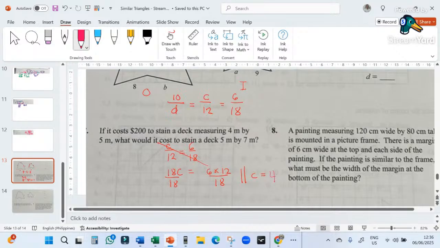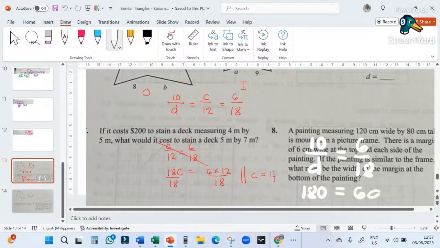All right. And you can use the same 6 over 18 equated to 10 over D. Let's do it here. 10 over D is equal to 6 over 18. So 10 times 18, that is 180, equal to 6D.